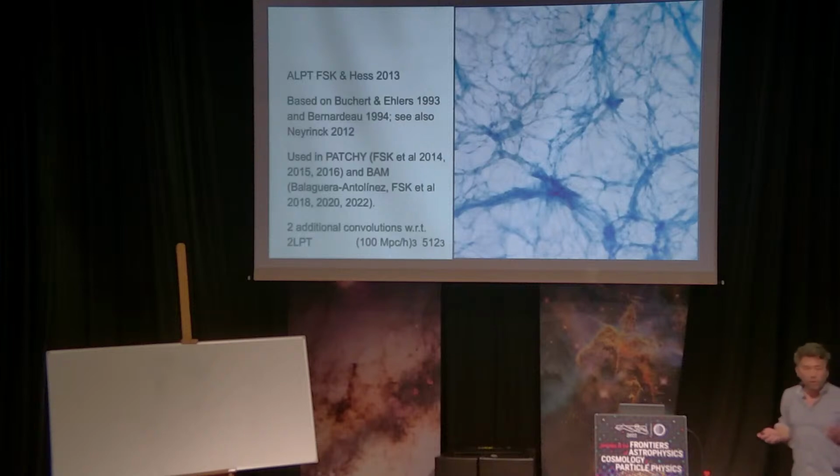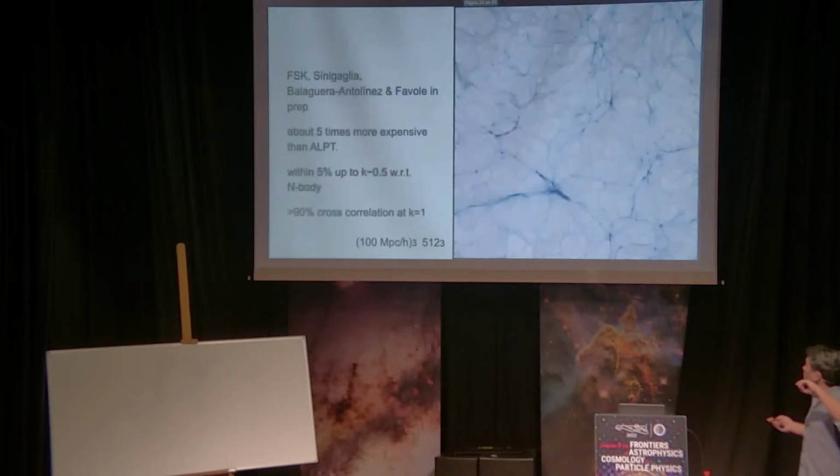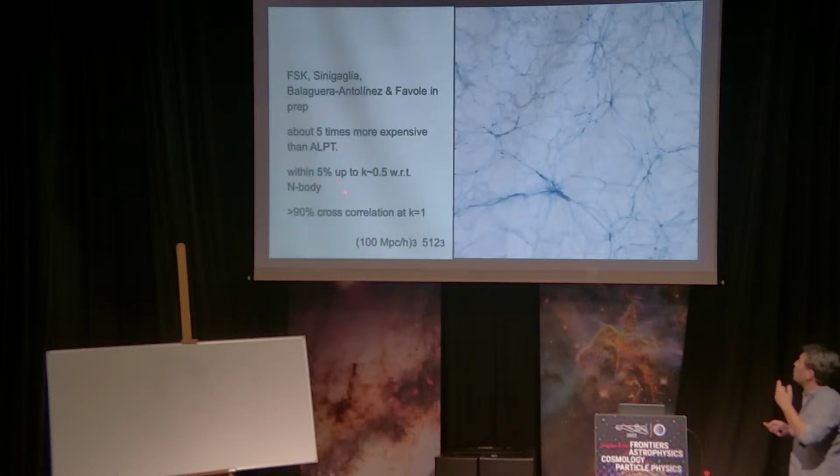Now we are modeling this term, and we get this, which looks pretty much like an N-body simulation already. Actually, we are within 1% up to k equals 0.5, and we are above 90% cross-correlated at k equal 1.